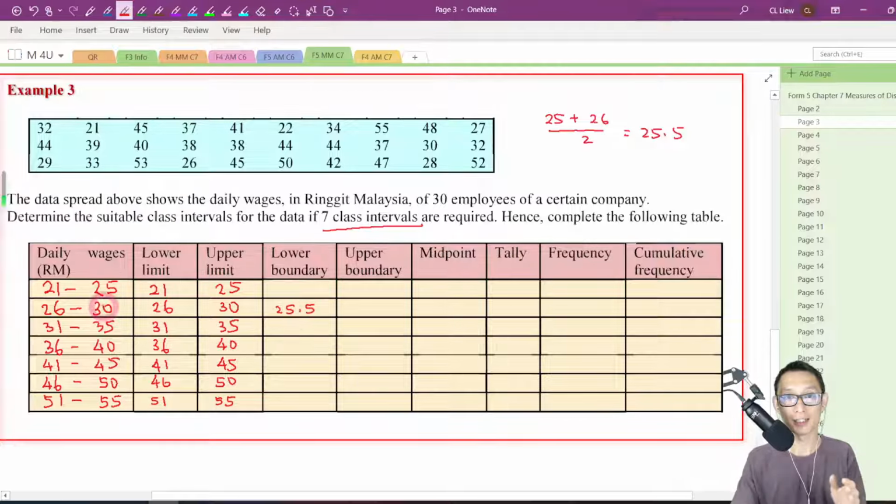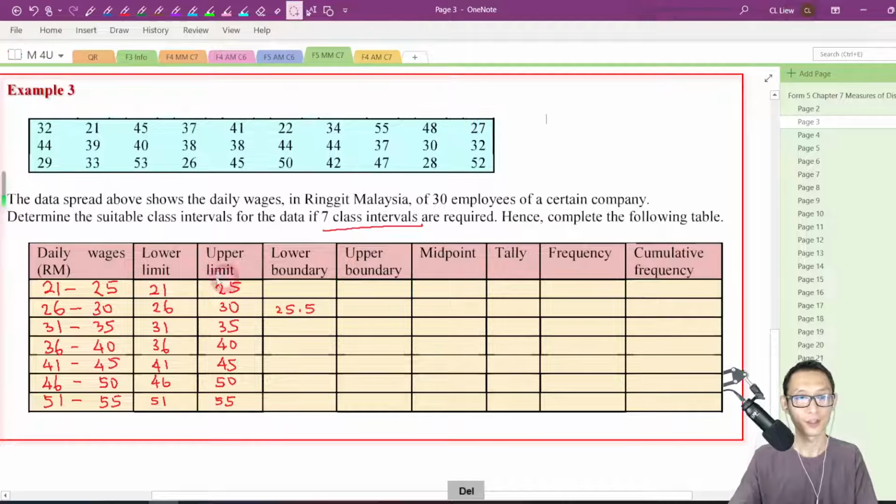So how about the upper boundary? We need to take the upper limit of this class interval plus the lower limit of the next class interval and then divided by 2. Let me show here. If I want to determine the upper boundary of this class interval, then it will be 30 plus 31 and then divided by 2.